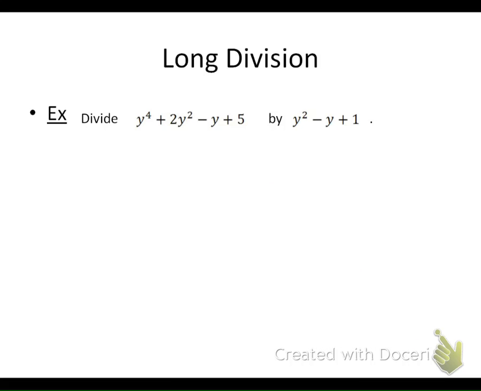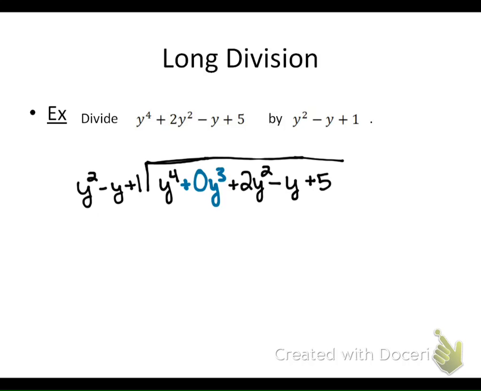Try this next example. Be sure to hold a 0 in the place of the y cubed term. Try this on your own and then look up at the screen to see if you got it correct. Pause the recording now.